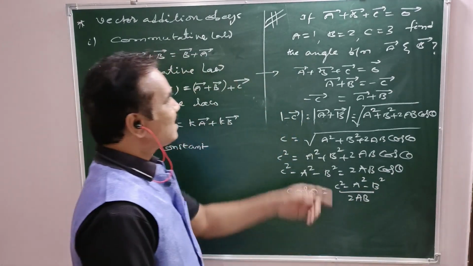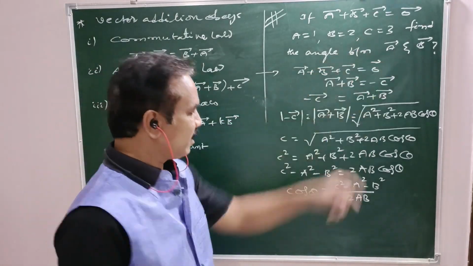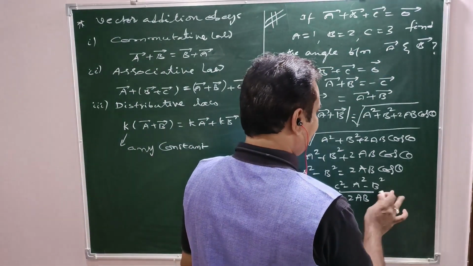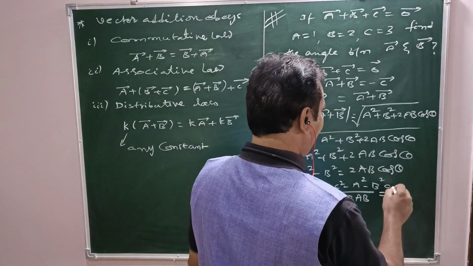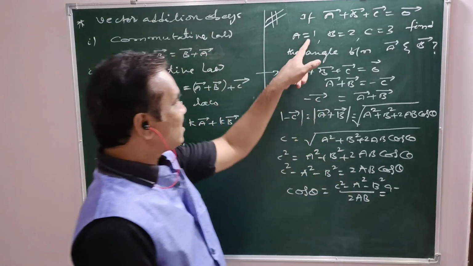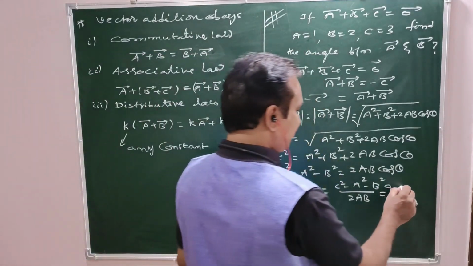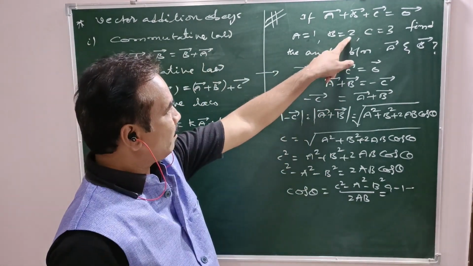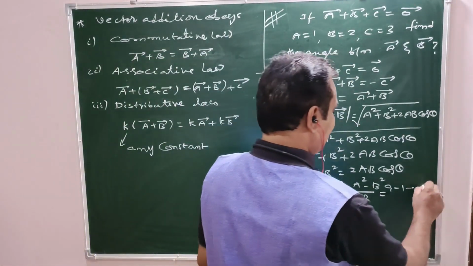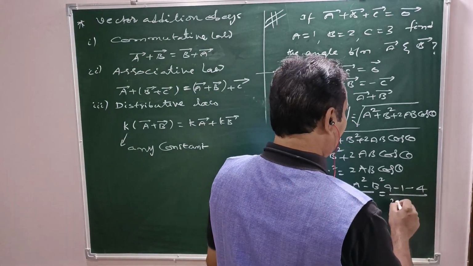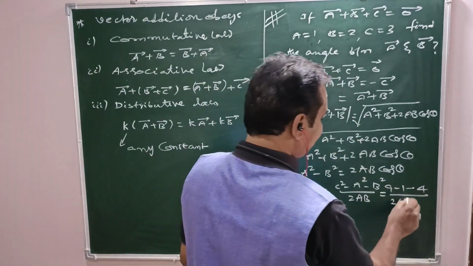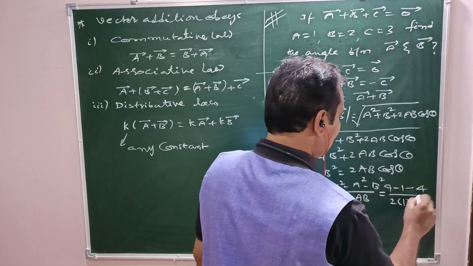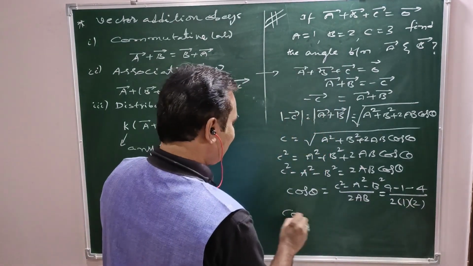Okay. Now what is C square? C means 3. C square is 9. That is 9 minus, what is A square? That is 1 square, means 1, minus B square. What is B square? 2 square, that is 4. Divided by 2 into A, which is 1, and B, which is 2.